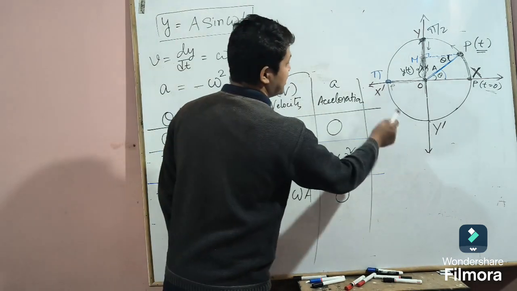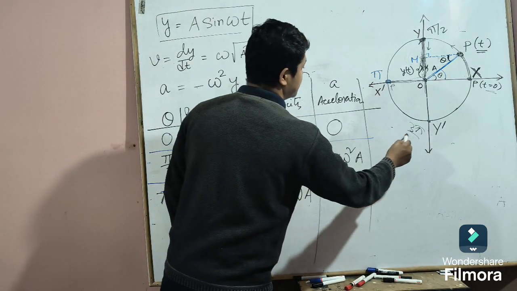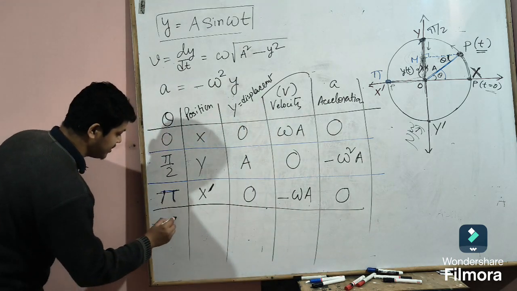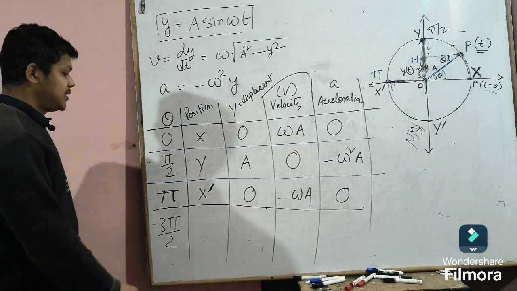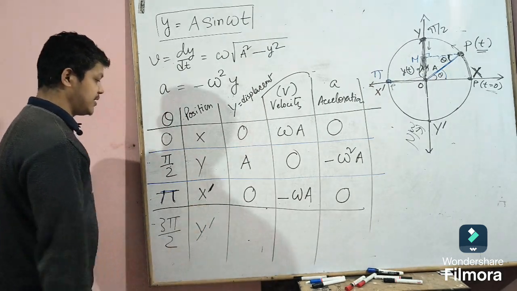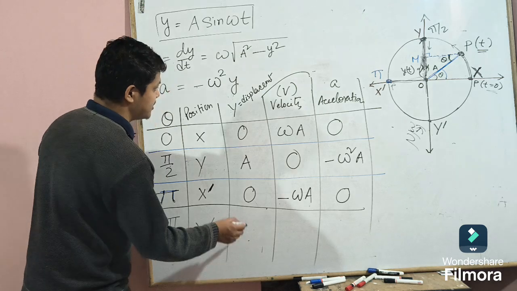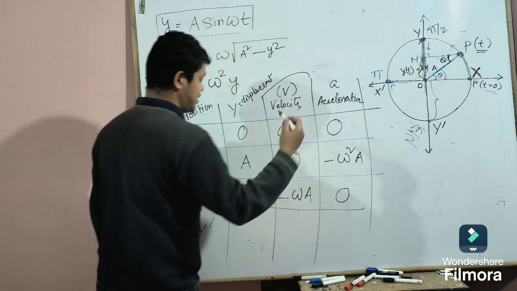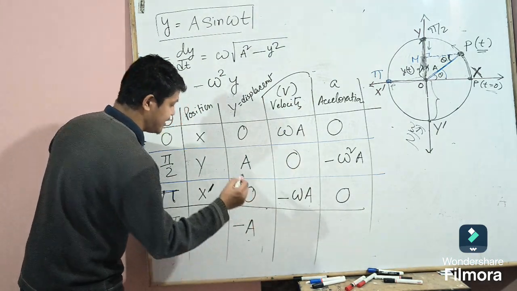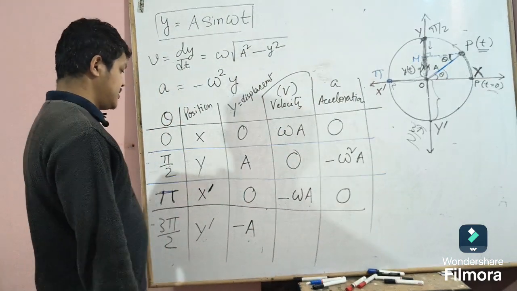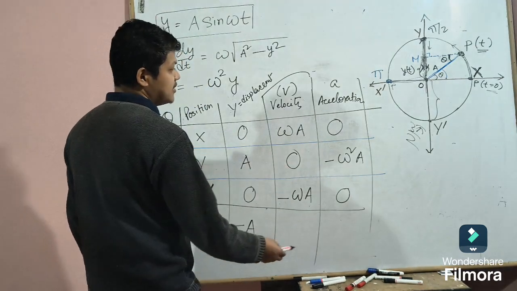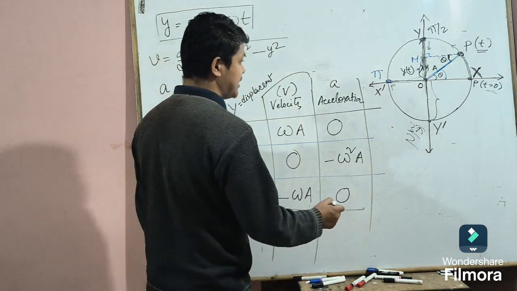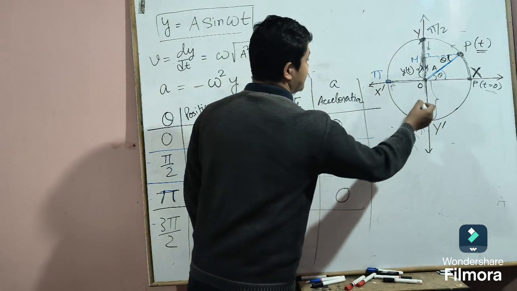And when again this p comes to this position where theta is 3 pi by 2, so let me draw this. When the theta is 3 pi by 2, then it is at y dash, then displacement, sorry, not acceleration, displacement. Now in this case, this will be the displacement which is maximum, but in negative direction, so minus a, and the velocity will be again 0 at this extreme point, and the acceleration this time is in this direction, which is positive.